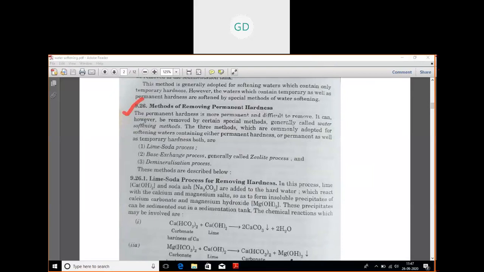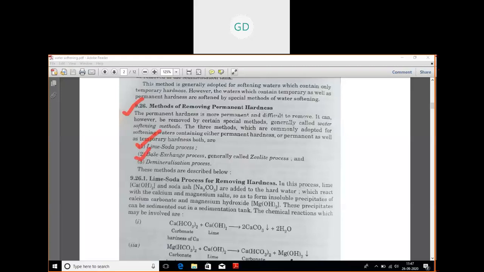So temporary hardness, you remember, you can remove by boiling the water and by adding lime to the water. For removing permanent hardness, it is not that easy, so some long procedures are there. Number one is the lime soda process.